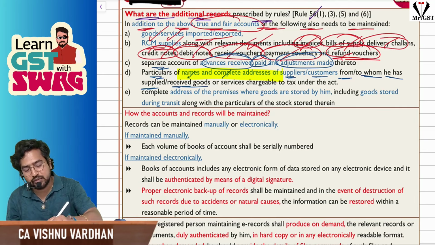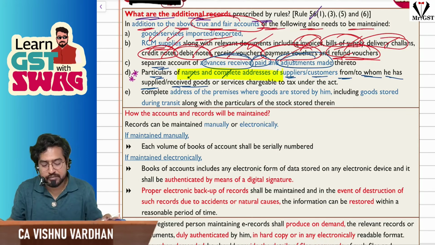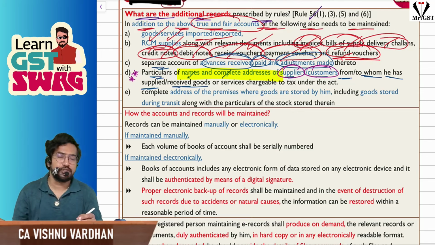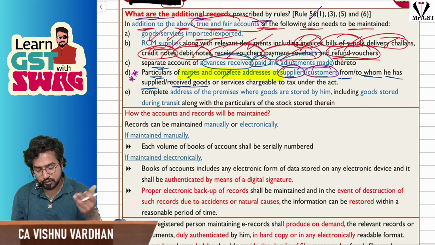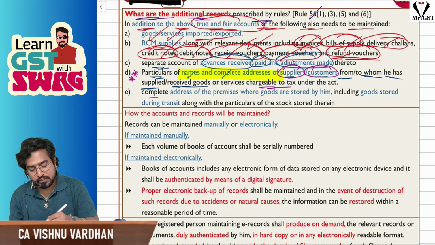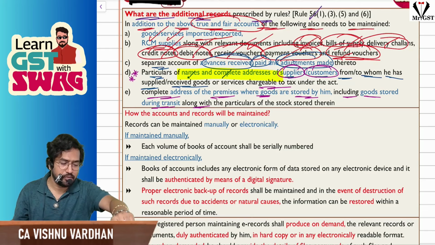This is one most neglected point in practice. You should maintain the list of names and complete addresses of the suppliers and customers, your recipients, for which GST is paid. Next, complete address of the premises where goods are stored by him, including goods stored during transit. So where all you are storing the goods, those details you should maintain.